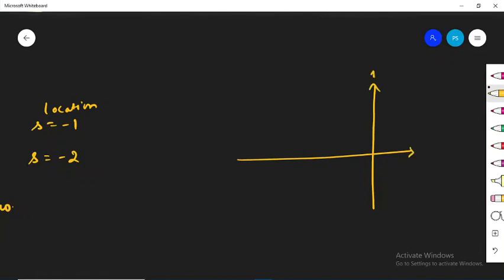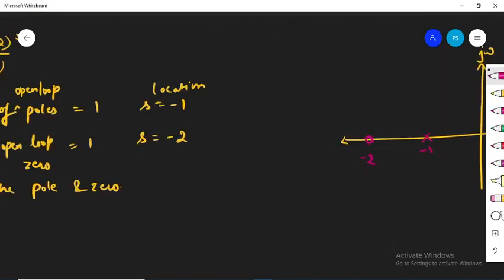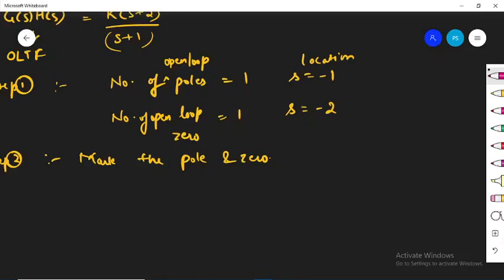This is the j omega axis, this is the sigma axis. And here I have to mark the open loop poles and open loop zeros. So I have got a pole at s is equal to -1, and then I have got a 0 at s is equal to -2. So this is the location of the open loop pole and open loop zero. This is my second step, that is marking. We have marked the open loop pole and open loop zero.